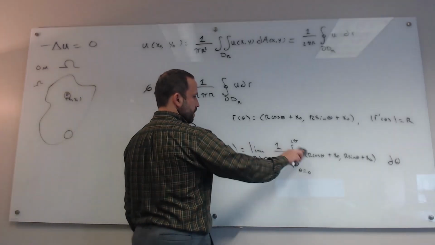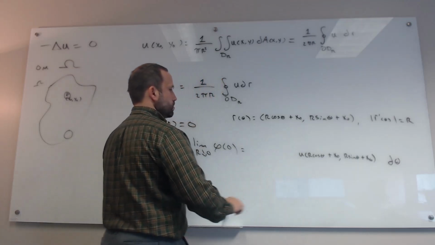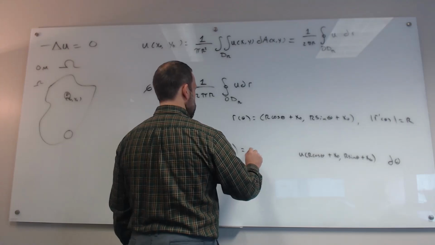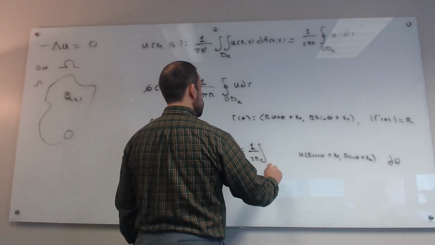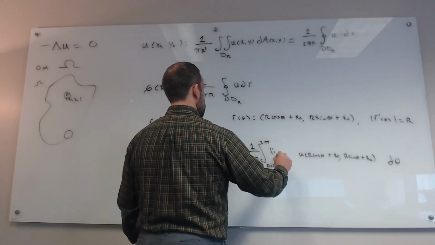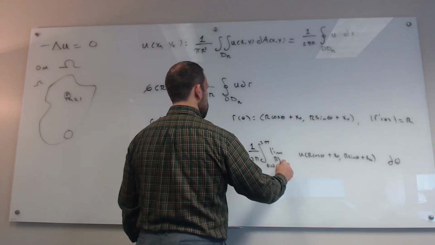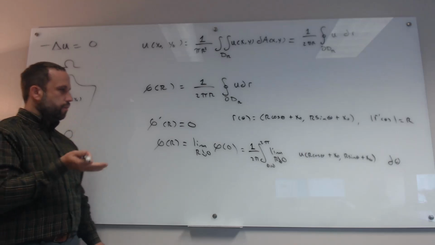I'm going to just put the limits there, but I'm going to have to erase some stuff. So this is 1 over 2 pi times the integral theta equals 0 to 2 pi times the limit as r decreases to 0. It's not so important that it's decreasing.